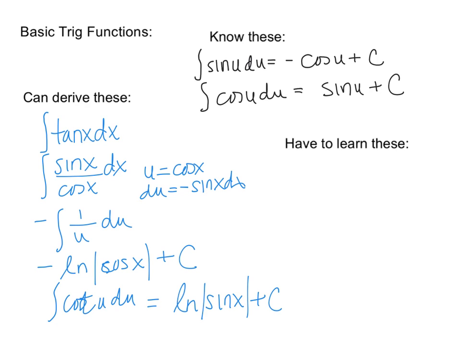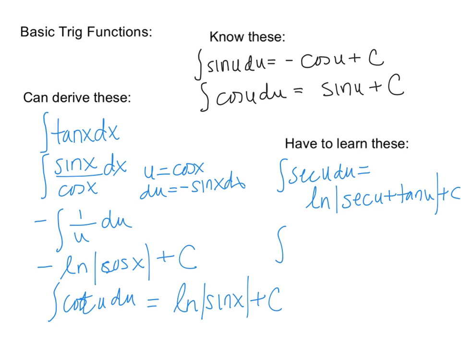Now, the ones that are harder to derive are the ones you would have to learn, because you can't integrate them easily. That would be the integral of secant u du, which is the natural log of the absolute value of secant u plus tangent u, plus c.